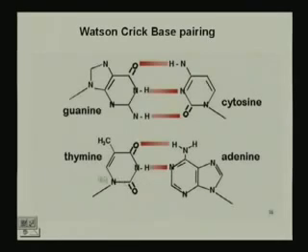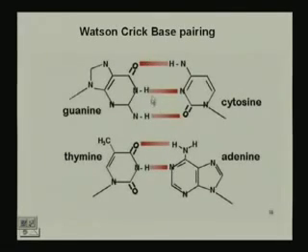If we look at the other base pairing, we have adenine. What is adenine? It is a purine. What is thymine? It is a pyrimidine. So, we have purine pyrimidine pairing. In the pairing, which is extremely important for the structure of DNA, we have hydrogen bond formation.